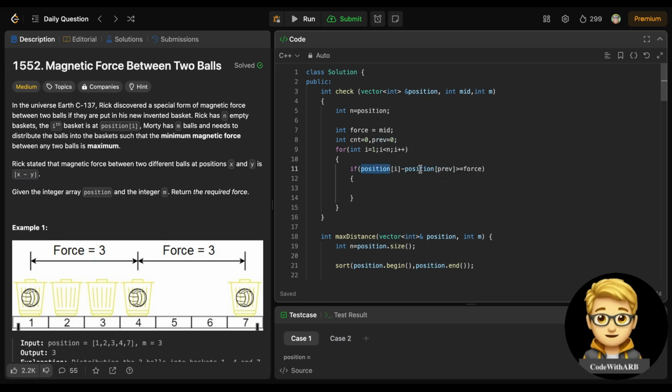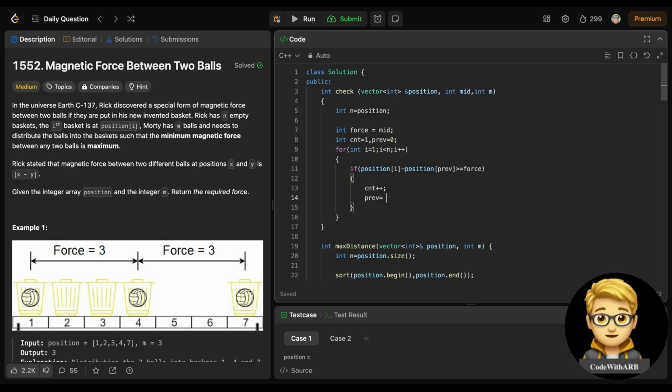So position I minus position previous must be greater than or equal to force. And if it is, then we will increment my count of balls, right? And count CNT should start from 1, because we have already placed one ball at position 0, right? So it should be 1. So if this is satisfied, we will increment our counter, right? And now the previous would be I, because we have placed the ball at I now, right?